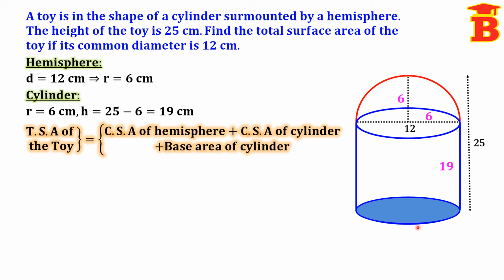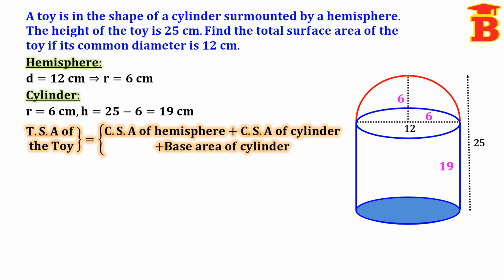For this, the total surface is nothing but the CSA of hemisphere. So for this hemisphere we take only this red color line, that is the curved surface area of the hemisphere, because we cannot take this circle. Actually we cannot see this circle because these two are connected together.